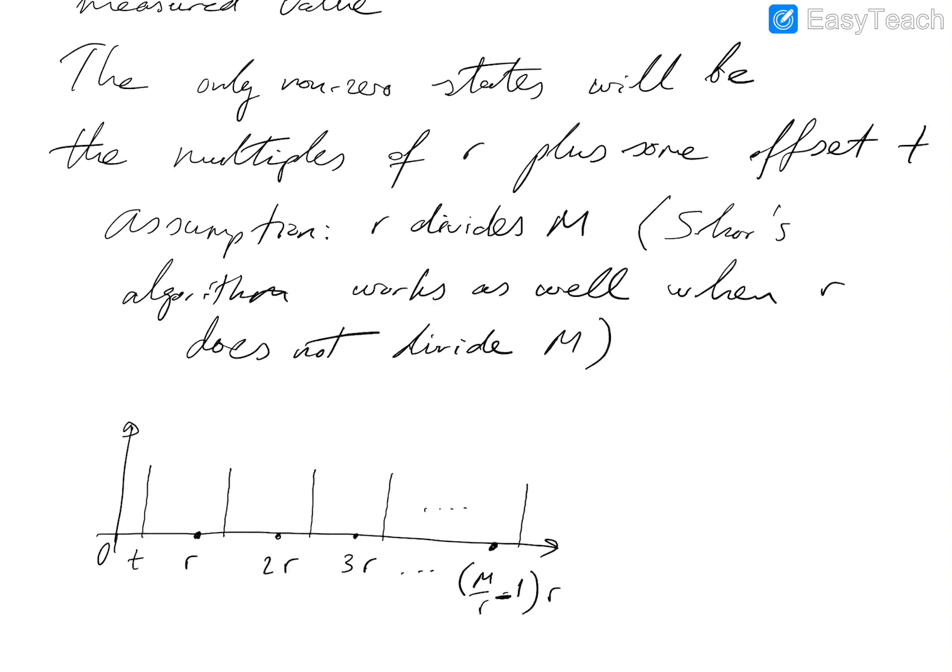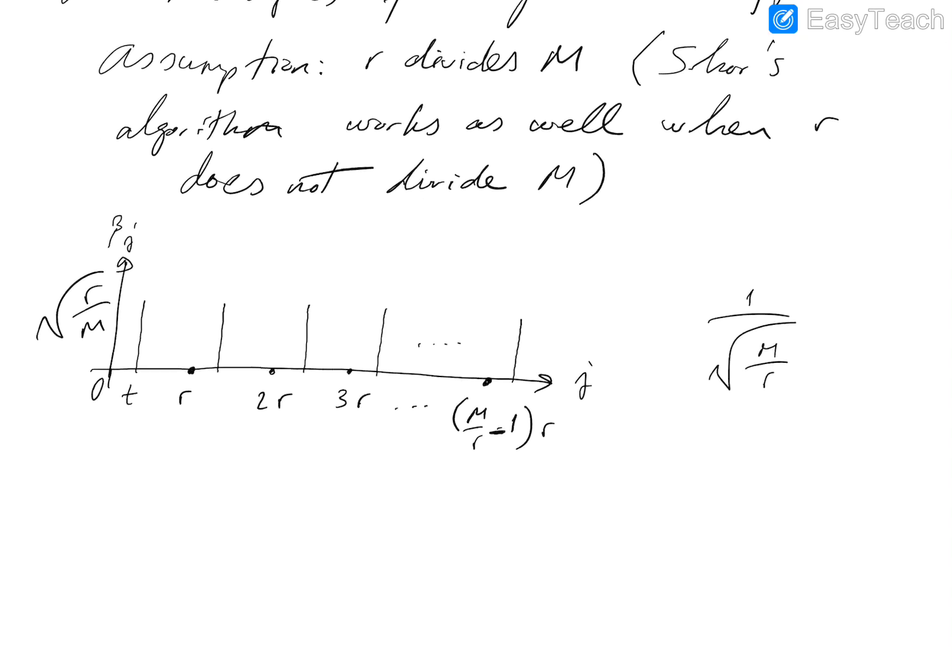And all of these will have the same amplitude. Since the dimension of the vector is M, and since the period is r, we have 1 over square root of M over r, which is square root of r over M. So each will have the amplitude square root of r over M, the amplitudes beta j, and these are the basis states j. Then the state of the first register after measuring the second register, let's rewrite this.